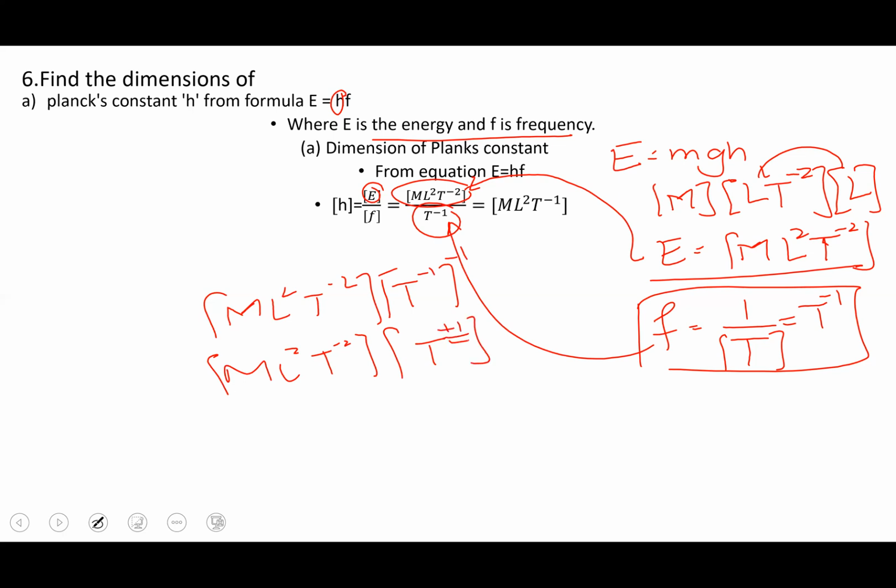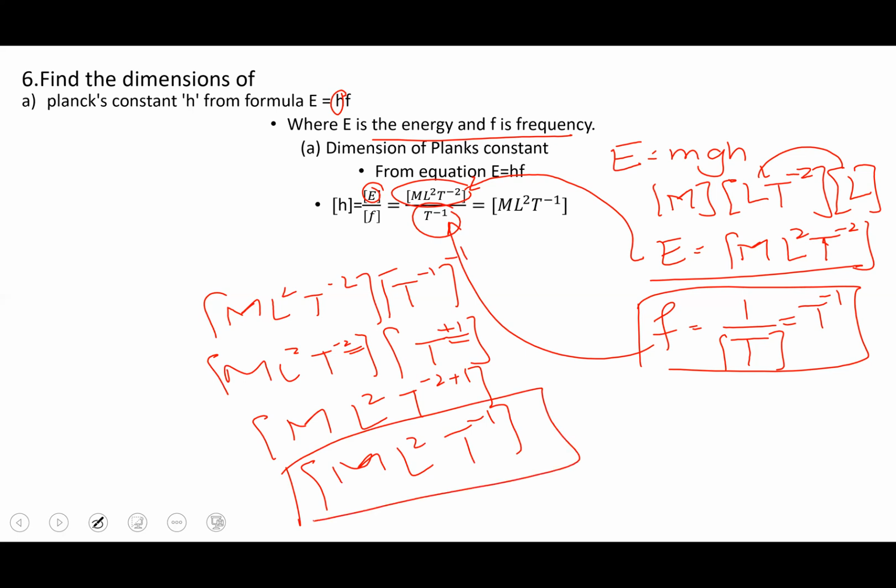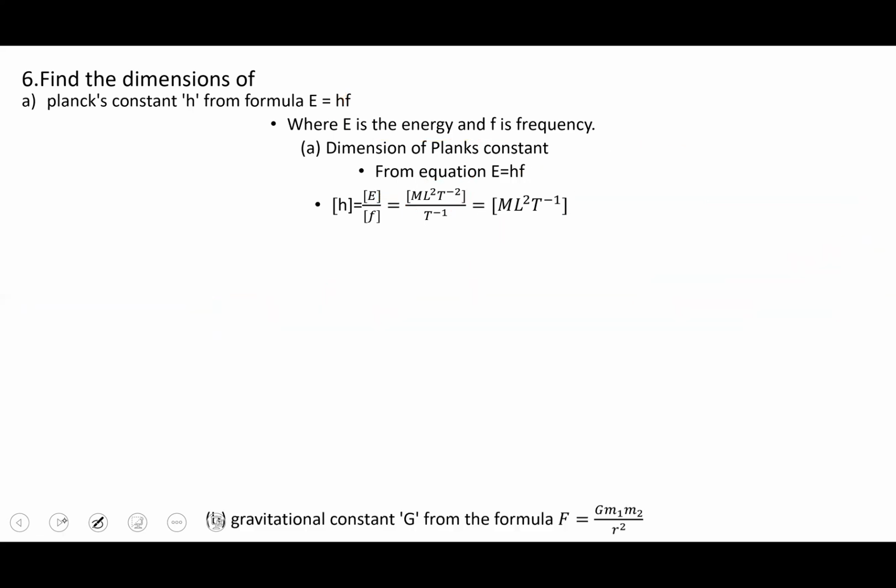So this T and this T basically multiply with each other and the powers add up. So it will be minus 2 plus 1, which is T to the power minus 1. So M L squared T inverse is the dimension of Planck's constant.